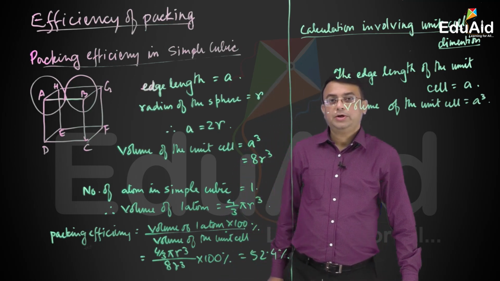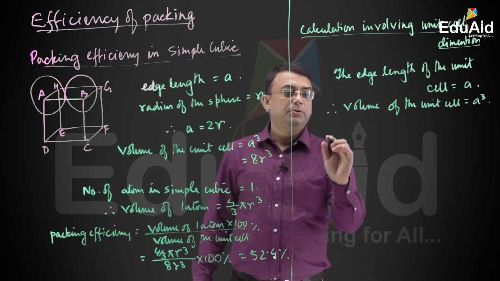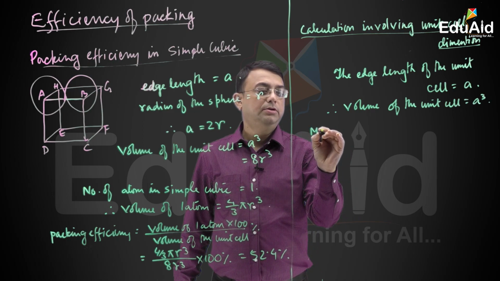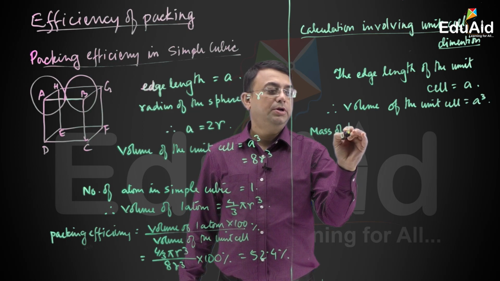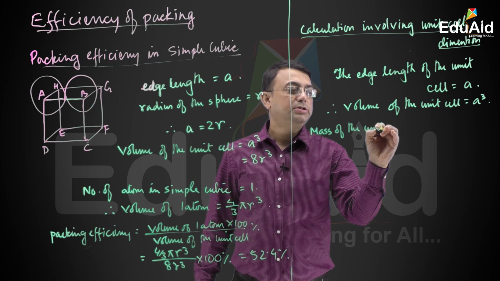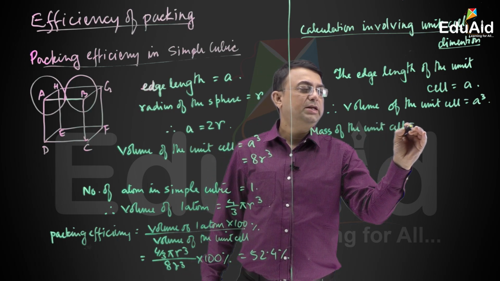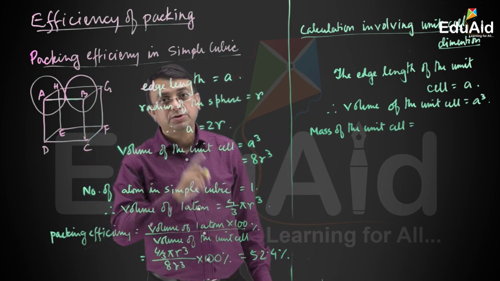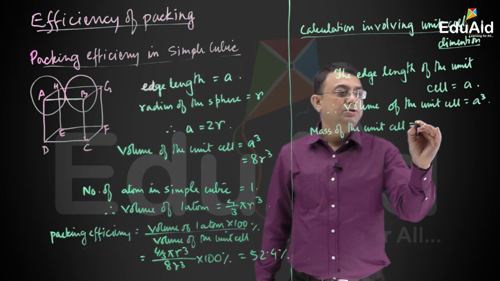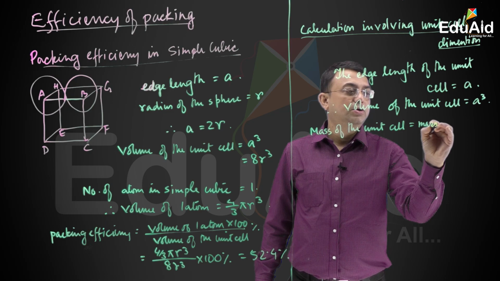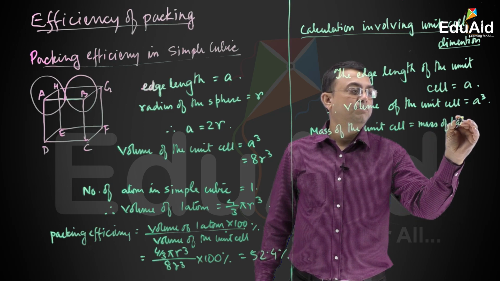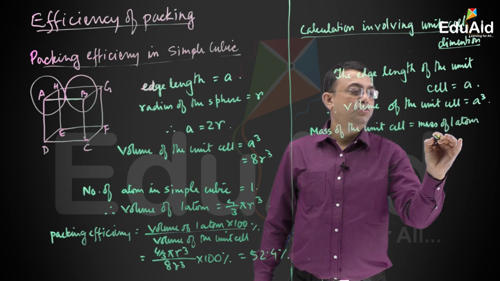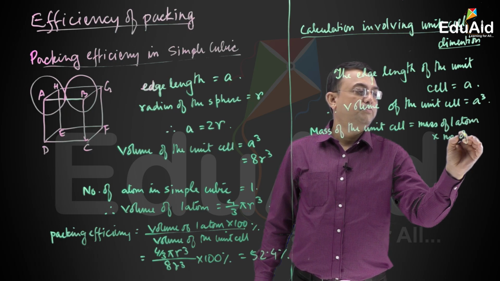Next we need to see what is the mass of the unit cell. What is the mass of the unit cell? Mass is nothing but the number of atoms present and the mass of one atom. So mass of one atom into number of atoms.